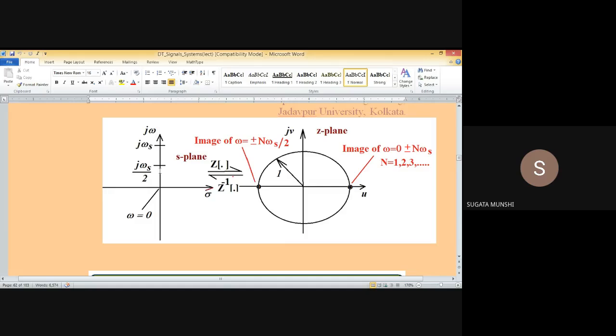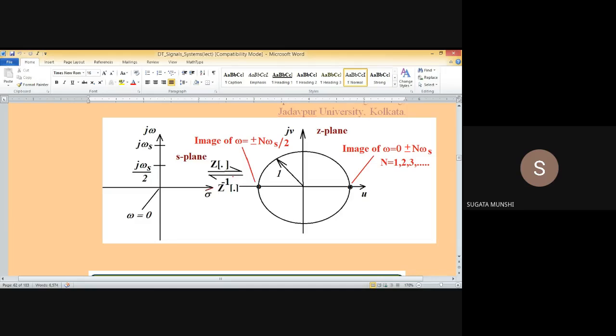It's e to the power sigma tau, and sigma is 0. So when you are traveling upward, what will change? Simply the argument will change. Therefore, if you draw a straight line here representing Z, this is the argument. All right, this is the argument. So as you increase the value of omega, it will travel in this direction.